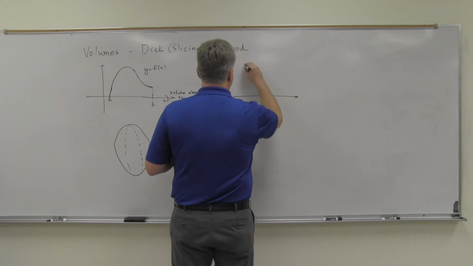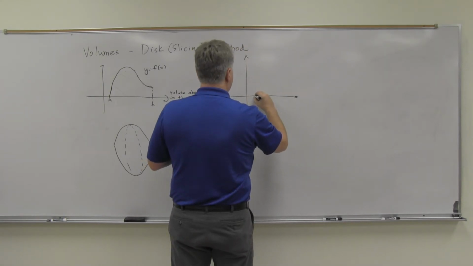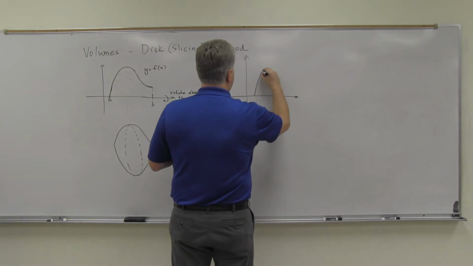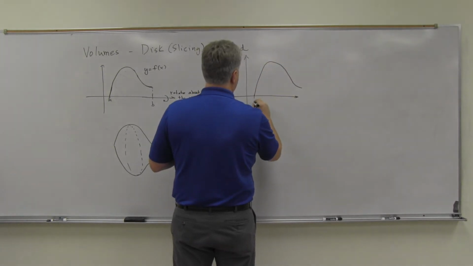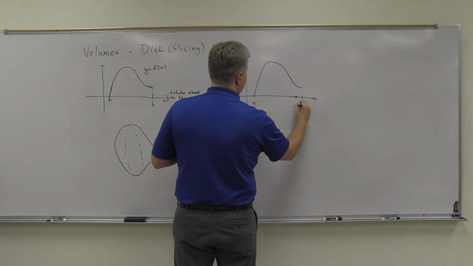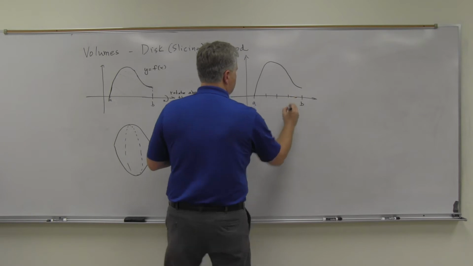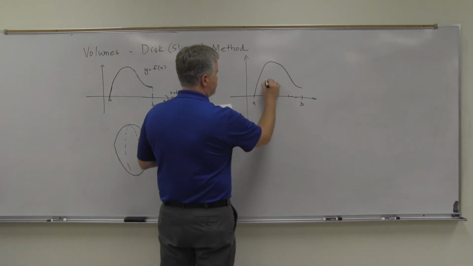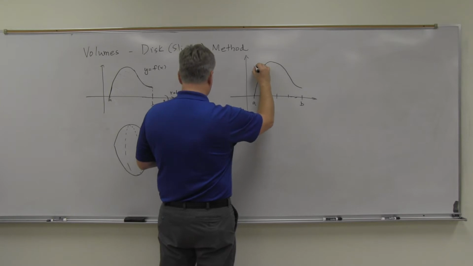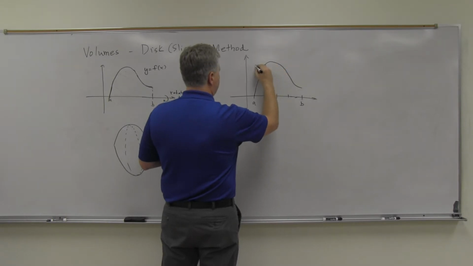So I'm going to take, let's see, I did 4. Divvy this up from a to b into 4 rectangles. And I'm going to use right-hand endpoints. You can use midpoints, whatever.